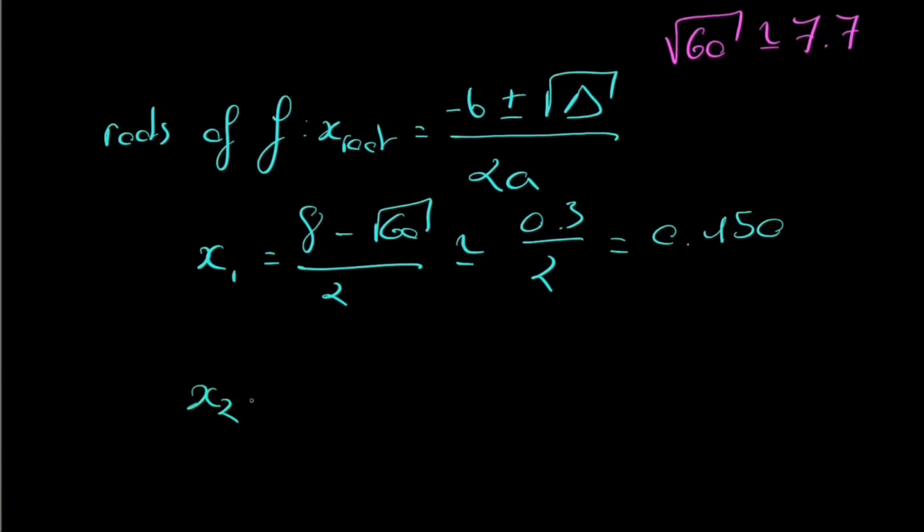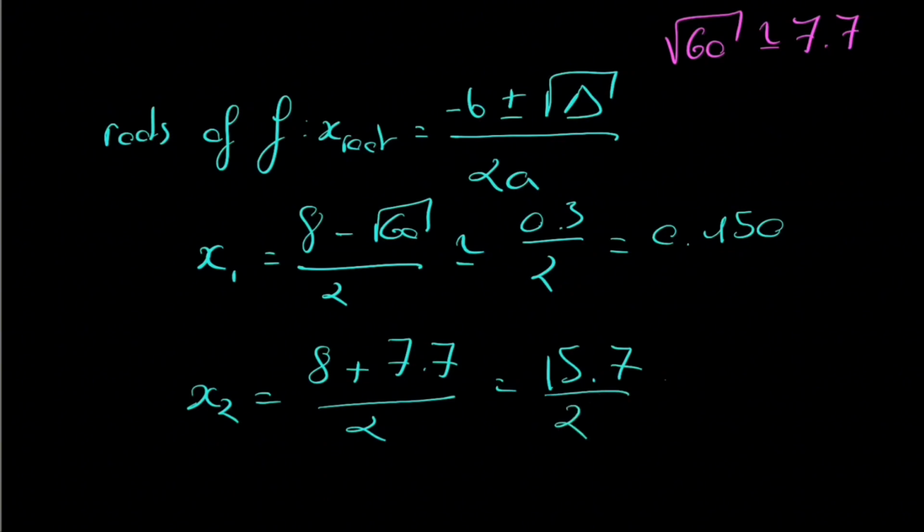And x2 is equal to 8 plus 7.7, so the square root of 60, over 2, is equal to 15.7 over 2, which is something like 7.850. So something between 7 and 8.